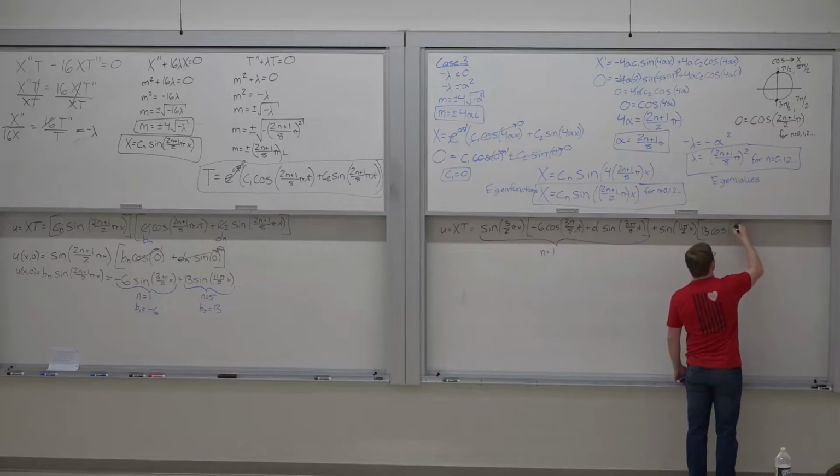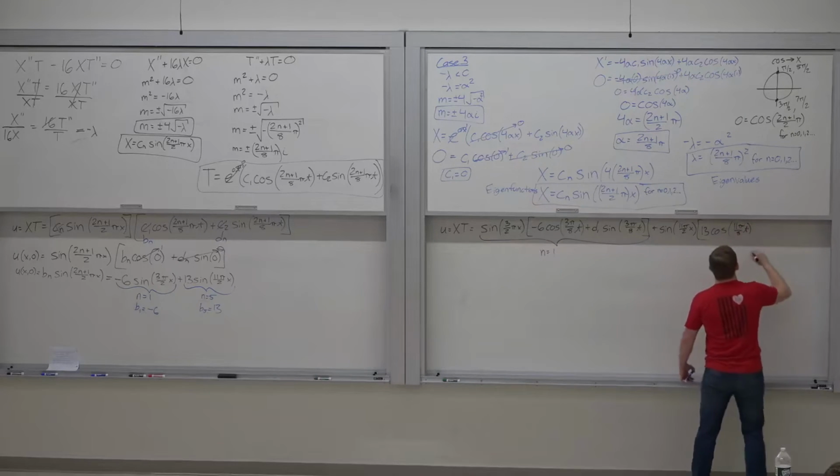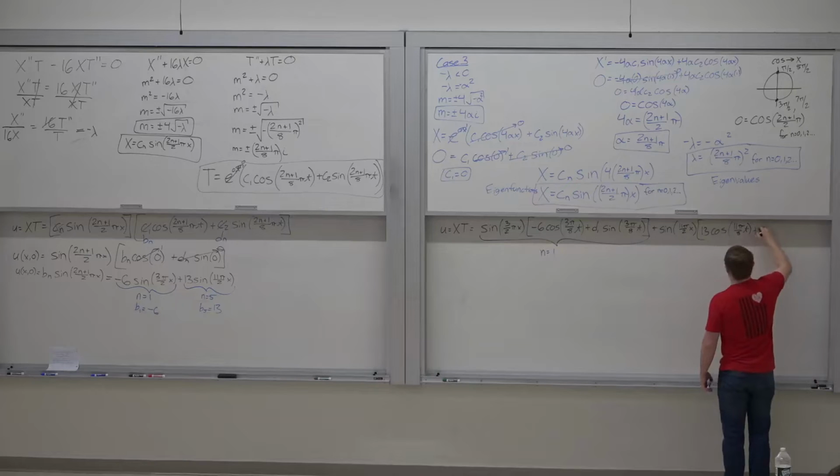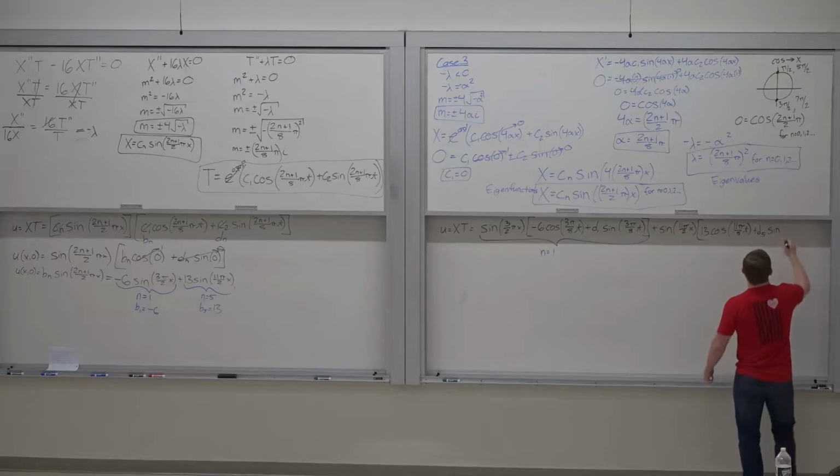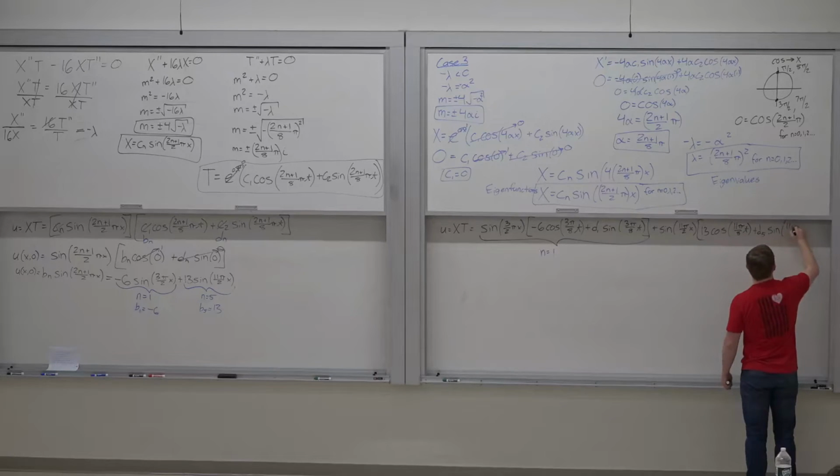So cosine of 11 pi over 8 times t plus d sub 5 sine of 11 pi over 8 times t.